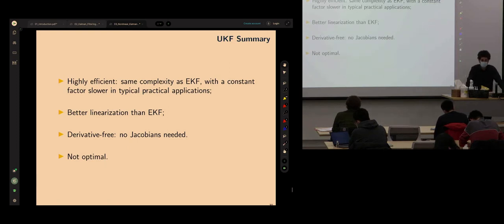You get better linearization. On top of that, it's derivative free. This filter is derivative free. You do not need to calculate derivatives. It's nice. If you implement it as generic method code, you can apply it to a lot of problems without calculating the derivative.